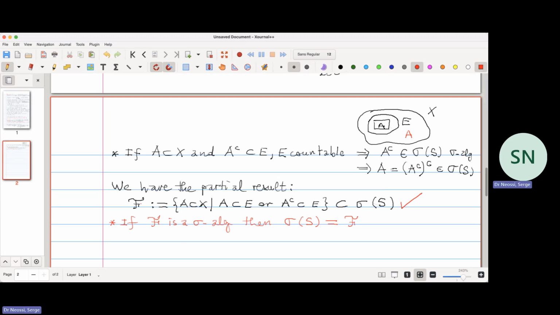Because this F contains S. If it is a sigma algebra, it will contain the smallest sigma algebra containing S. And we have the inclusion in the other direction. So if F is contained in sigma S and sigma S is contained in F, there will be equality.